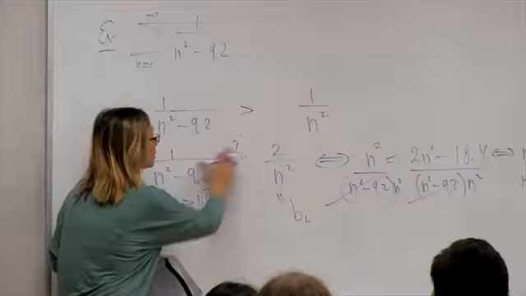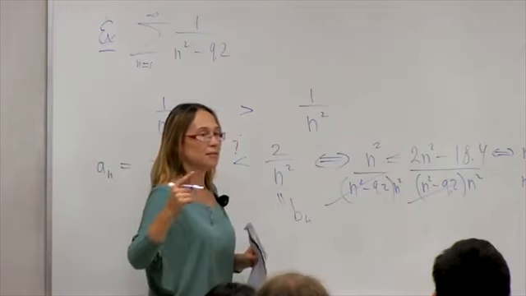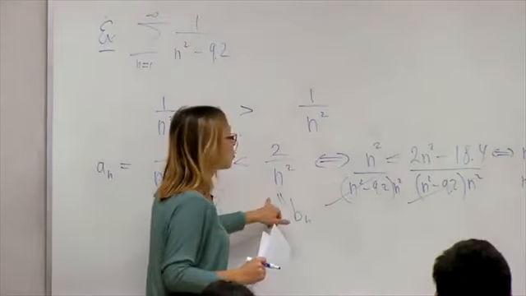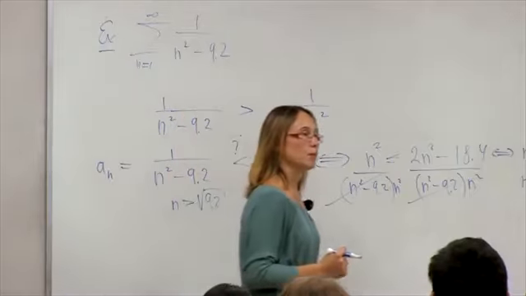This inequality holds for n equal to 5, 6, 7, 8, and all the way up to infinity. As long as this holds, I apply my comparison test, and then it works. More questions?